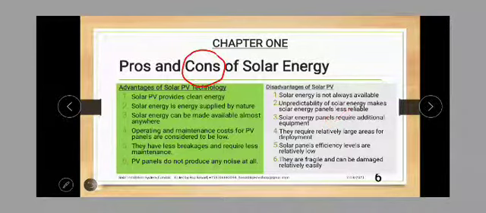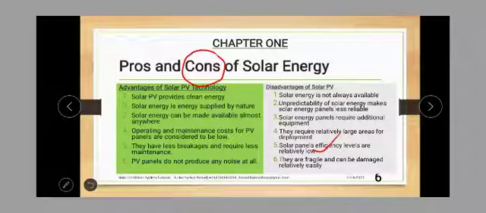They require relatively large areas for deployment. This one is when you have a piece of land and you install the solar panel, then it consumes a lot of space. Number 5, solar panel efficiency levels are relatively low.